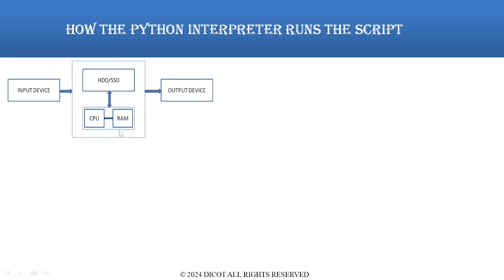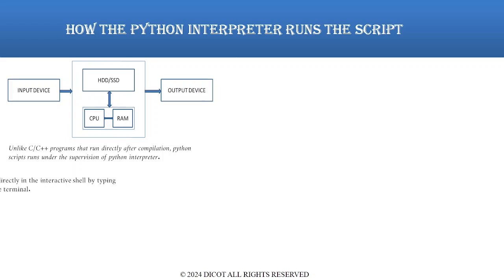Unlike C++ programs that run directly after compilation, Python scripts run under the supervision of the Python interpreter. We can run the Python script using any of the below methods. Interactive interpreter: you can run Python commands directly in the interactive shell by typing python or python3 in the terminal.